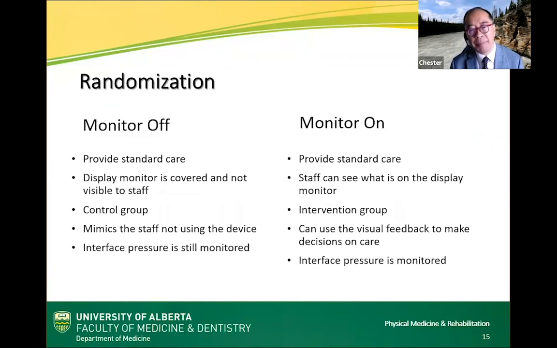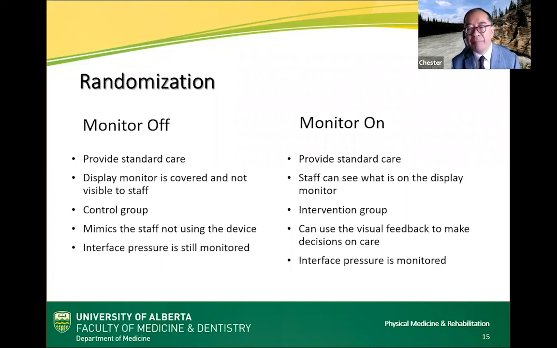So I talked about the randomization in the intervention versus control group. So how are they different? In the intervention group, they get the standard care, and the staff, as well as the patients and family, can see what is going on with the pressure mapping as displayed on the monitor.